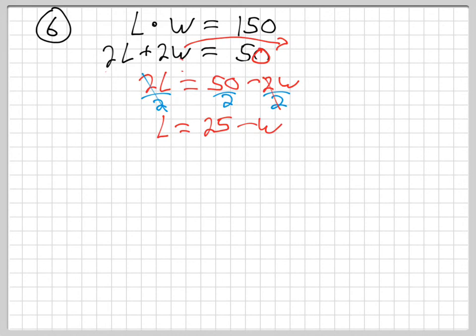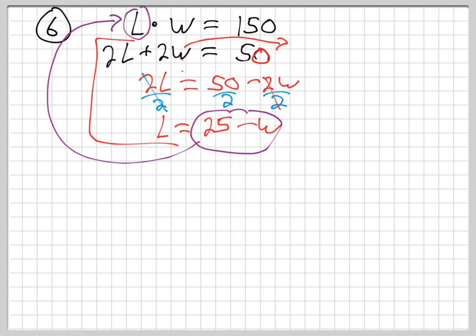So that's all from the second equation, isn't it? I solved for L, so now take that and plug that in for L in the first equation. And so what do we get when we do that?